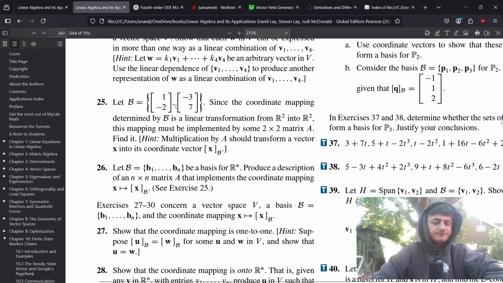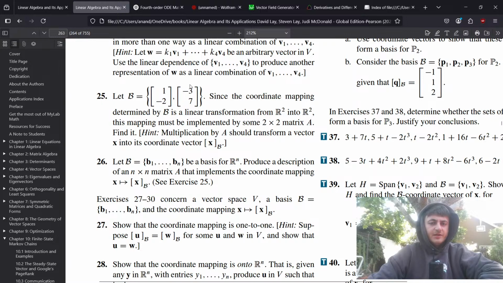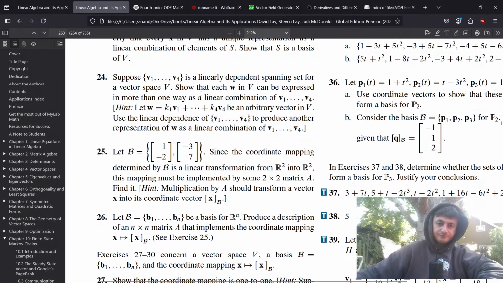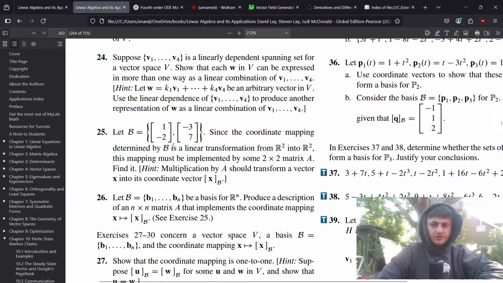Okay. Let B equal... since the coordinate mapping determined by B is a linear transformation from R2 into R2.